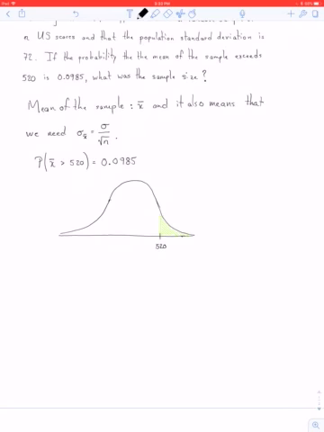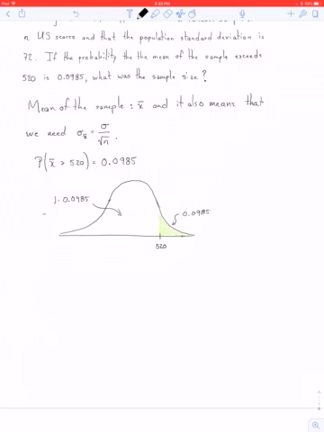Now, let's see this. Also, it says that if we have 520, then this area up here is 0.0985. Now, if I shaded the entire picture, I would be shading 1. So to find the unshaded region, all of this in here, this is going to come from 1 minus 0.0985.